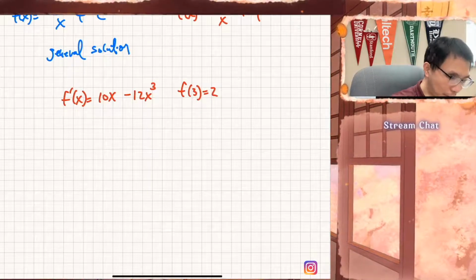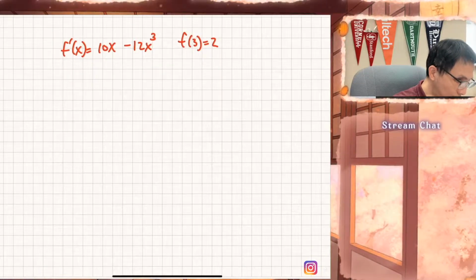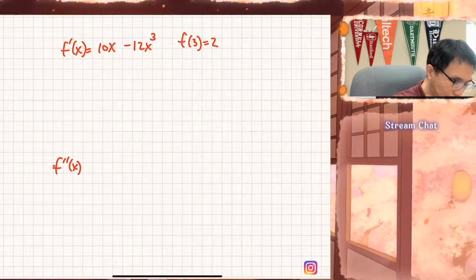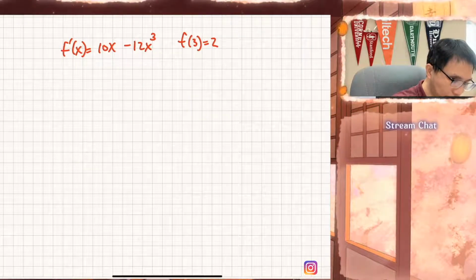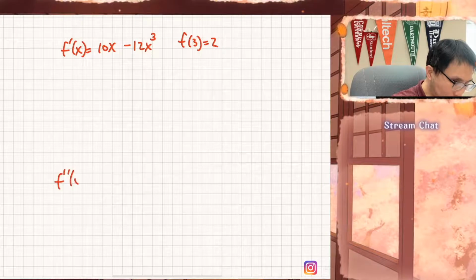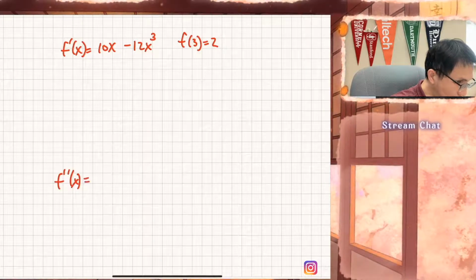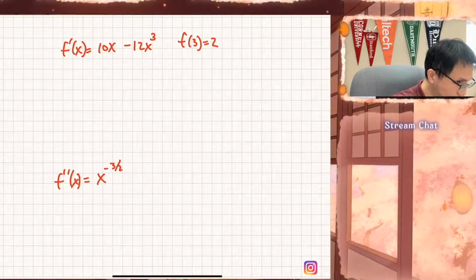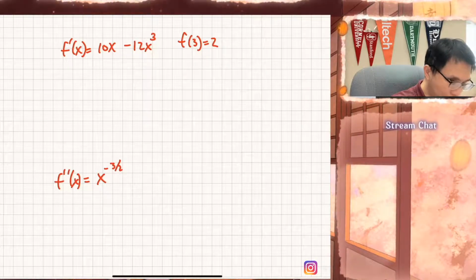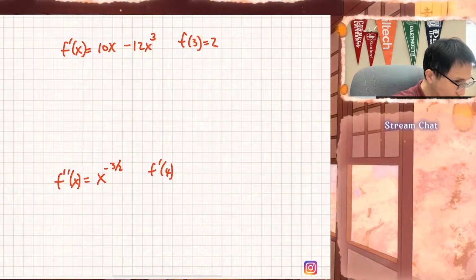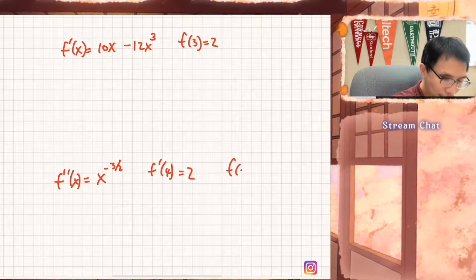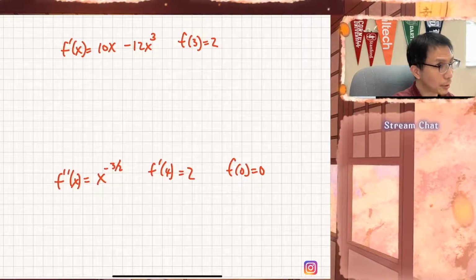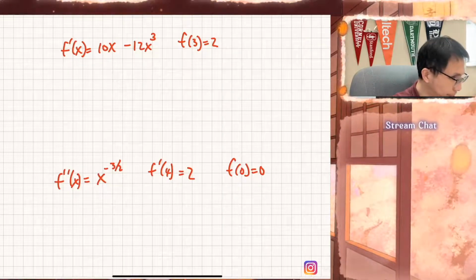So I'm going to give you a situation here. F double prime of x is equal to x to the negative 3 over 2. And f prime of 4 is equal to 2. F of 0 is equal to 0. Okay, so there's two situations here.